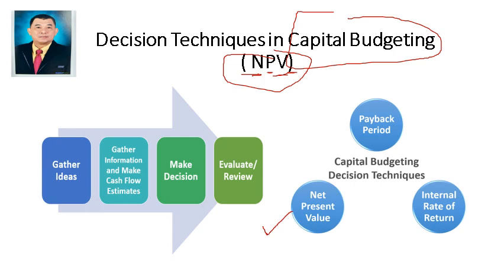What are examples of capital budgeting? Examples of capital budgeting are the purchase of new equipment, or the purchase or construction of a building facility, or the purchase of machinery, or the purchase of real estate property like land.